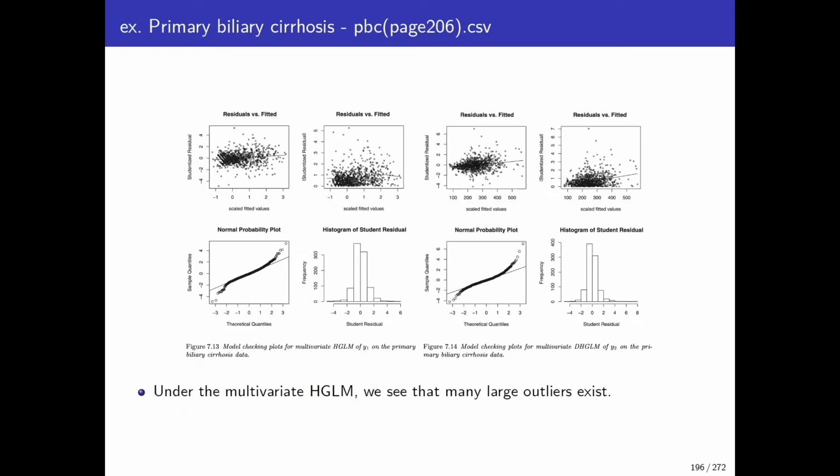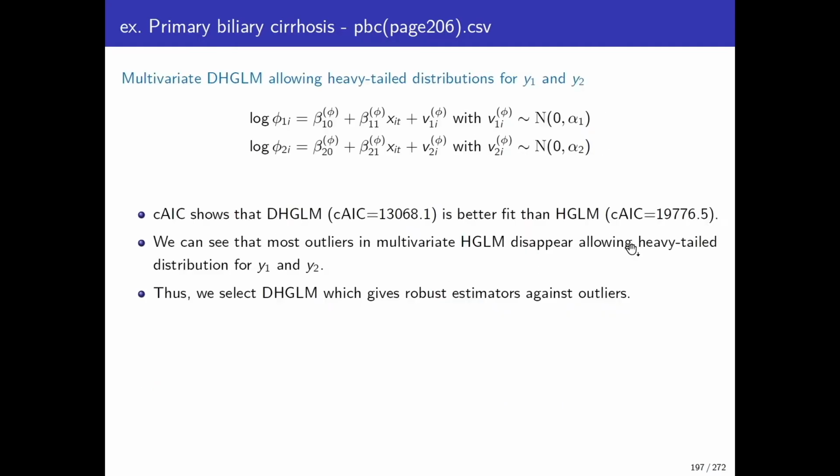These figures represent the model checking plots for multivariate HGLM for Y1 and Y2 on the primary biliary cirrhosis data. We can see that under the multivariate HGLM, many large outliers exist. And we can write our multivariate DHGLM allowing the heavy-tailed distribution for Y1 and Y2 like this.